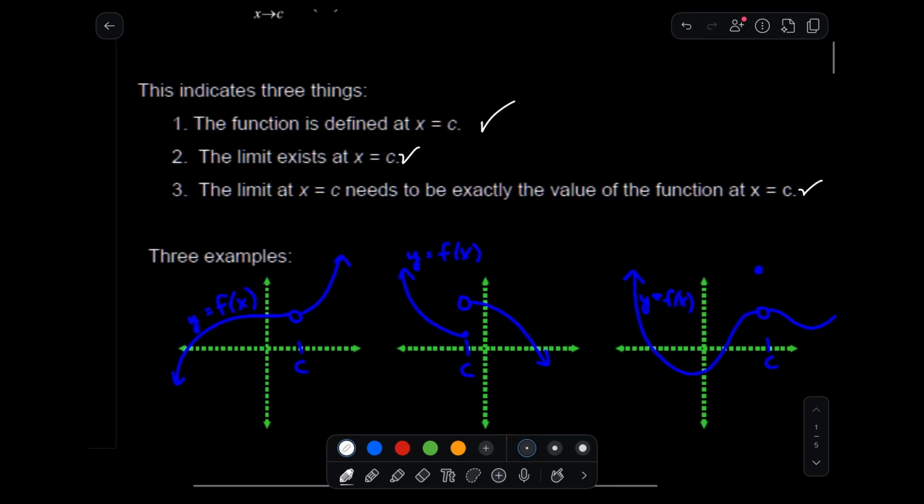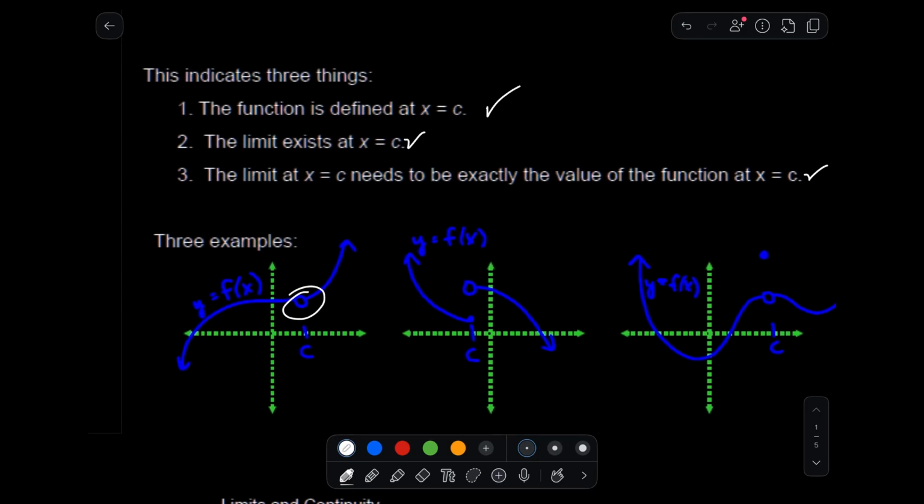Three examples of where this doesn't work are you have your hole, you have your vertical jump, and you have an asymptote, right?